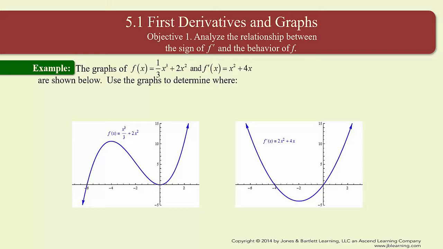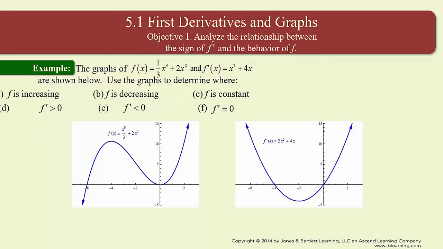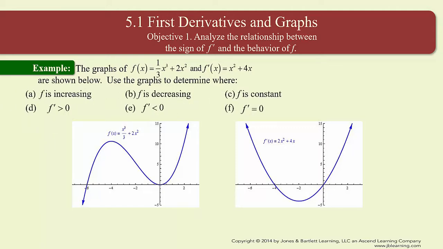And here's what we are going to determine based on the graphs of the function and the function's derivative. In part A, we're going to analyze where the function is increasing, part B, where the function is decreasing, and then in part C, where the function is constant. In part D, we're going to determine where the derivative is positive, in part E, where the derivative is negative, and in part F, where the derivative is equal to 0.